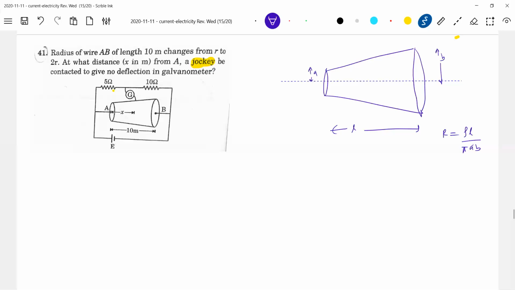You can manage. That's all, no? Pi AB. Now, what is the ratio of these two arms? The whole circuit will go like this. There's a galvanometer. This part you're going to replace.